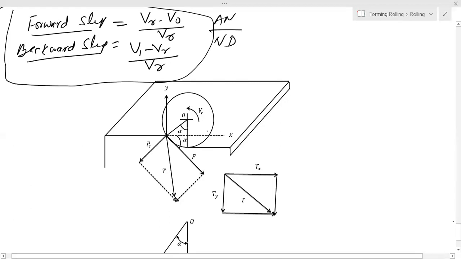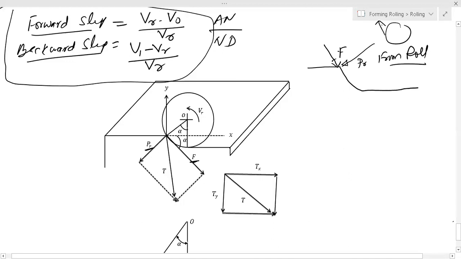Now coming to the force again, let us understand it. This force is on the material and this PR is on the material. Already we have discussed this in a free body diagram. So this is your frictional force F and this is your P, the pressure force from the roll. The same amount of force F and P is applied to the roll.